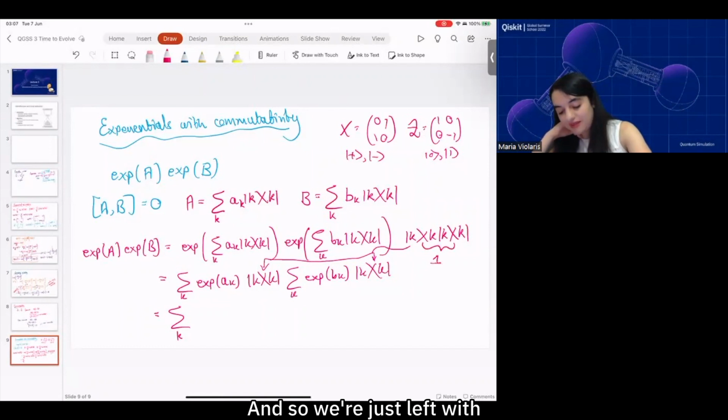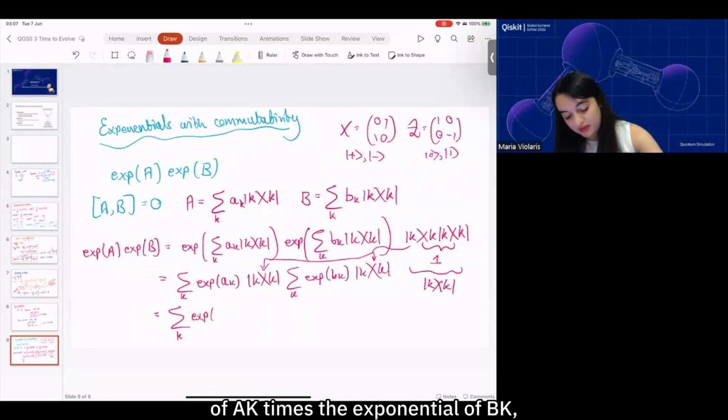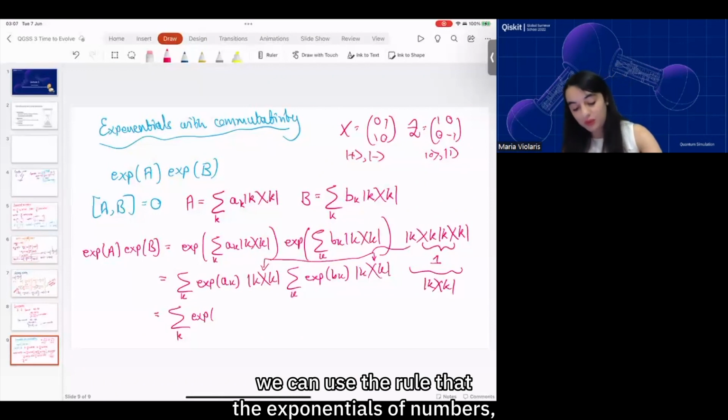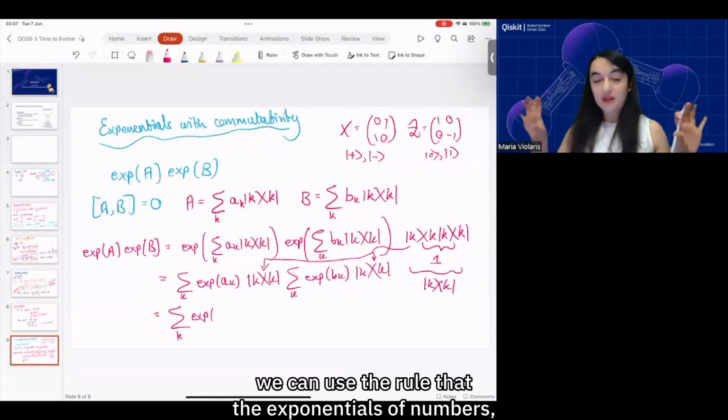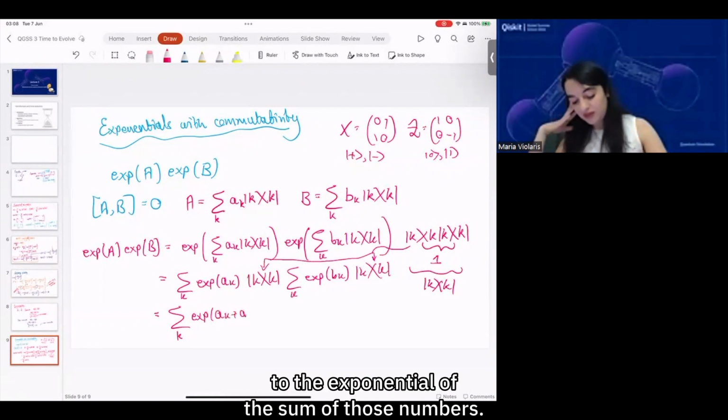And so we're just left with the basis states again. And so we have exponential of a_k times the exponential of b_k, which, because now we're just taking exponentials of numbers, we can use the rule that the product of exponentials of numbers is equal to the exponential of the sum of those numbers.